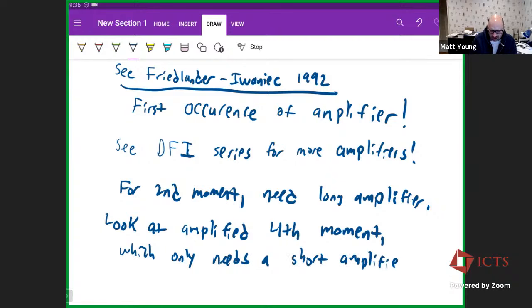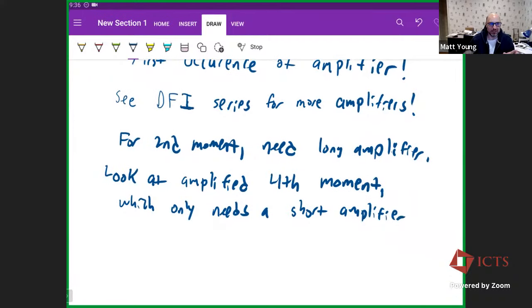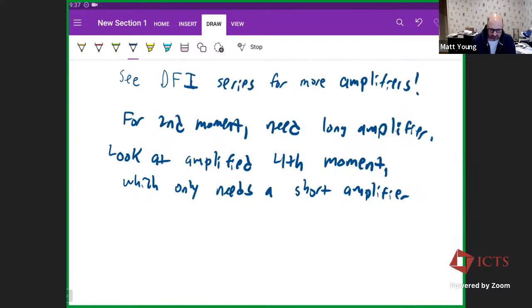By needing a long amplifier, they basically imagine that their amplifier is already another copy of the L function times an amplifier, so they're really getting at the fourth moment in this indirect way. Long amplifier means the same length as another copy of the L function times another amplifier. So for purposes of discussion, let's look at the fourth moment problem.